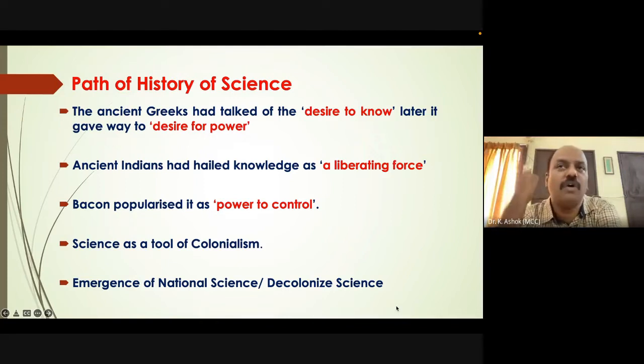The history of the 18th, 19th, and 20th century world is determined by the advancement of science and technology. Science was used as a powerful tool of colonialism by the European powers to control and to dominate non-Western countries and cultures. After the Second World War, there emerged an idea called national science or decolonization of sciences. And this is the part of the history of science through these years.